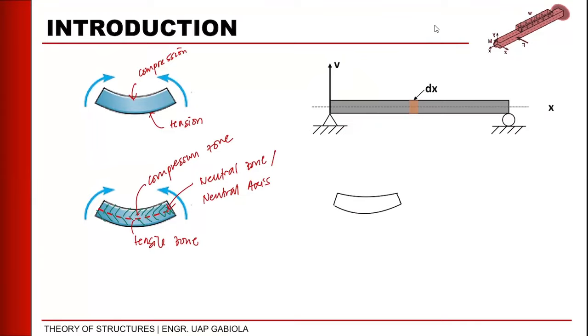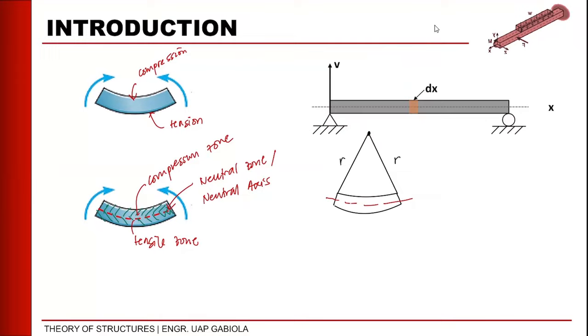Okay, so yan yung deflection natin. And pag nag-deflect yan, siyempre ito yung kanyang neutral axis, ang nangyayari is para siyang nag-deflect as an arc of a circle. Okay? So kung arc siya ng circle, ito yung center ng circle, meron tayong tinatawag na radius kung circle yan.